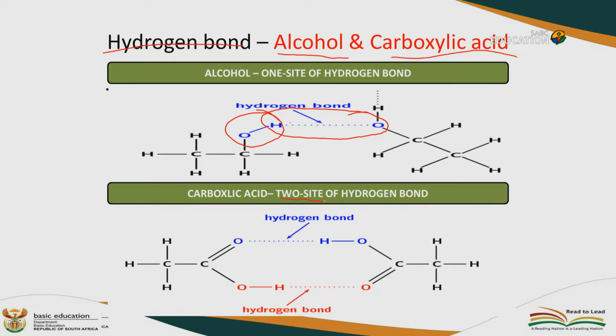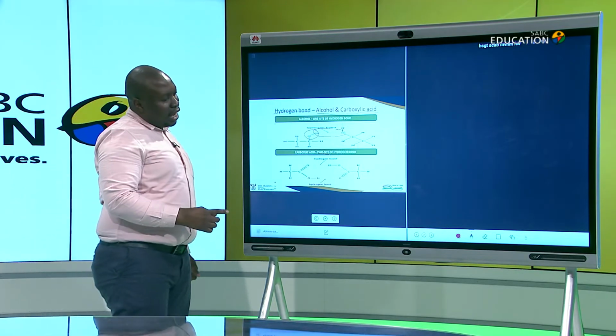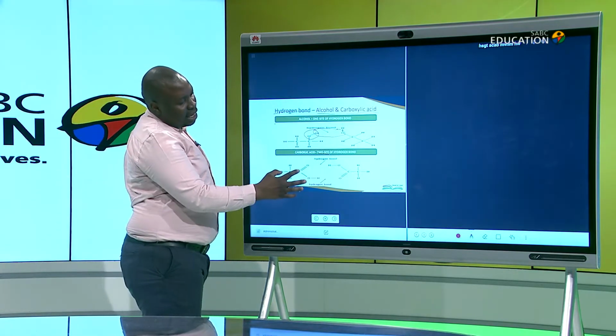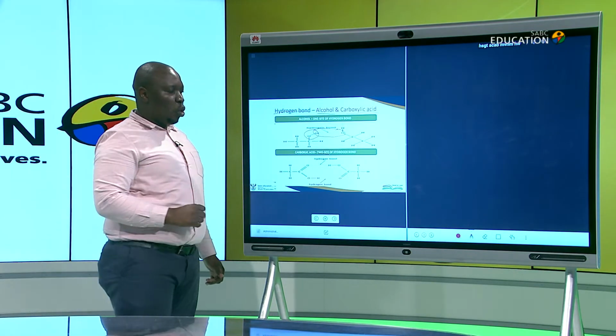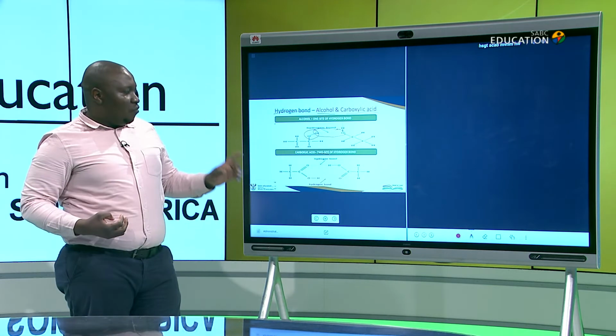hydrogen bond. This is very important, learners. When you are writing your exams, you have to understand: when you find an alcohol, you'll say the alcohol has one side of hydrogen bond, but the carboxylic acid has two sides of hydrogen bond. You see that the carboxylic acid has COOH, it has two oxygens. All the oxygens serve as a side for hydrogen bond.